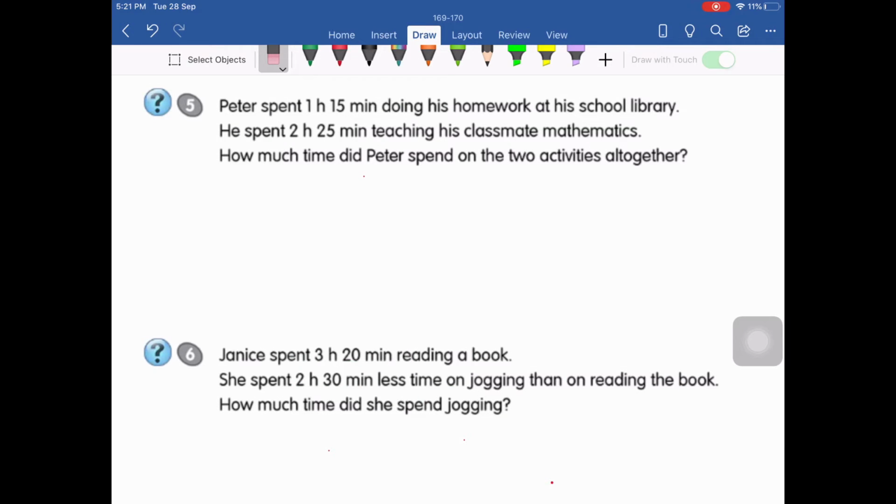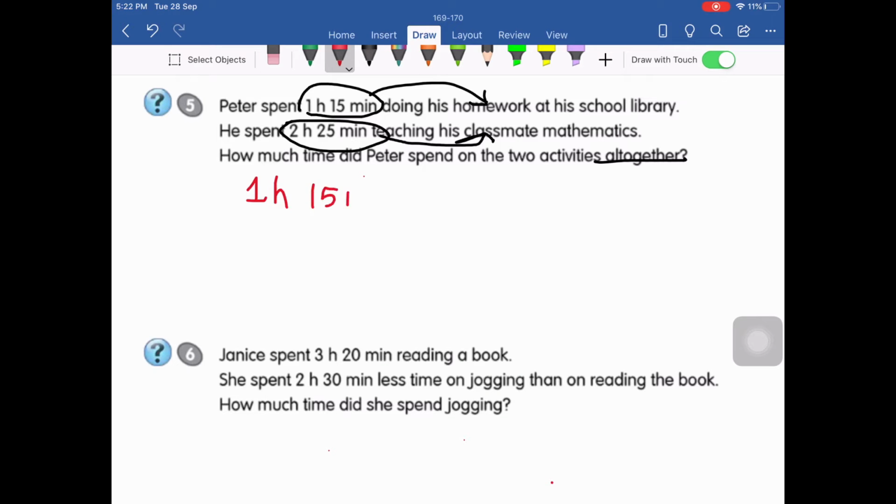Question 5. Peter spent 1 hour and 15 minutes on his homework. He spent 2 hours and 25 minutes teaching his classmate. How much time did he spend on the two activities altogether? So we know that Peter spent 1 hour and 15 minutes doing his homework.